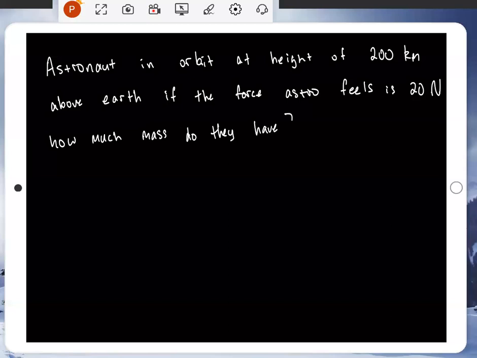Okay, so it would be the FG equals G M1 M2 over D squared equation. Sure. So I do want to point out one thing.